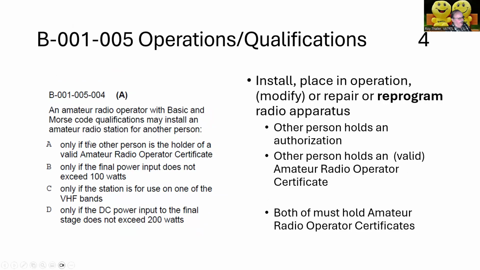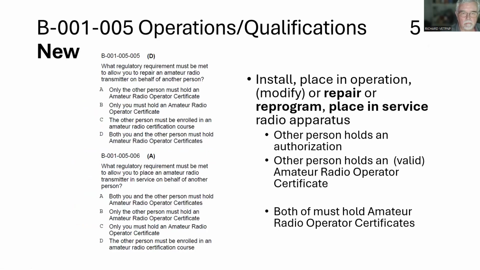And again, only if the other person has the appropriate amateur radio operator certificate. And here's a new question. They've added in some additional requirements here for repair and place in service. What regulatory requirement must be met to allow you to repair an amateur radio transmitter on behalf of another person? And the answer down here is D. Both you and the other person must hold amateur radio operator certificates.